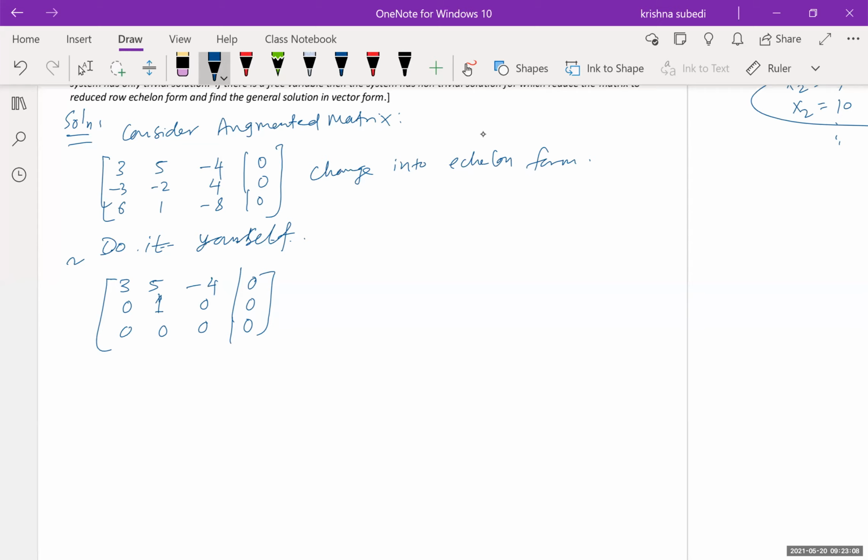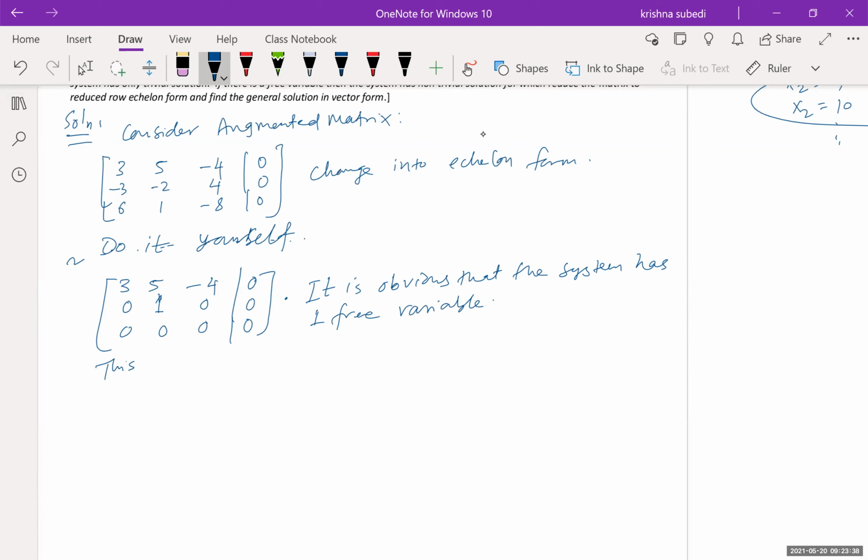So you notice that this system has one free variable, right? It is obvious that the system has one free variable.